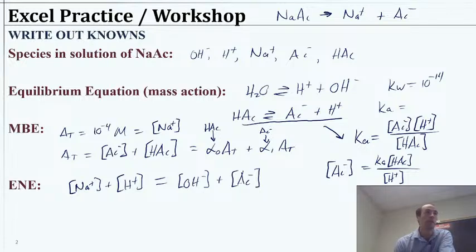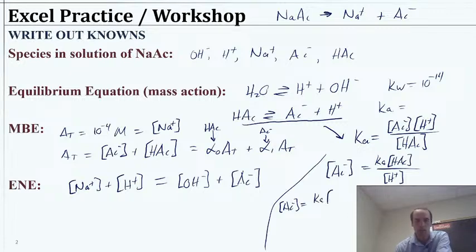Right? So that means we could rewrite this. I'm just going to save this here. AC minus we could write as Ka divided by H plus, and on the top, we also have multiplied by this alpha 0 times A total.